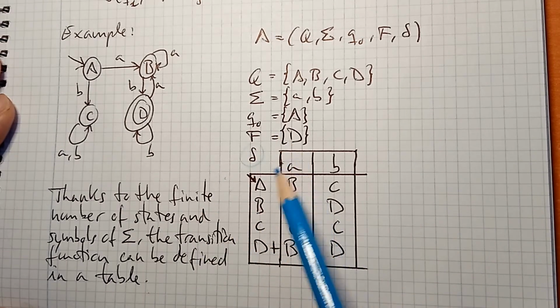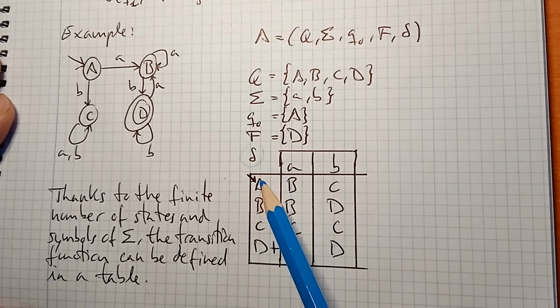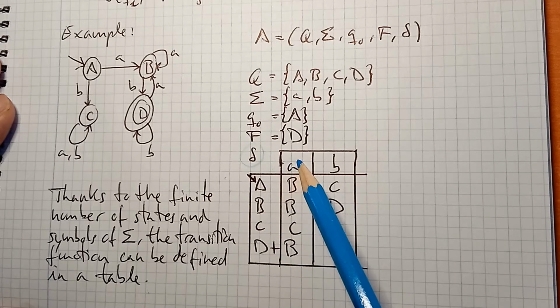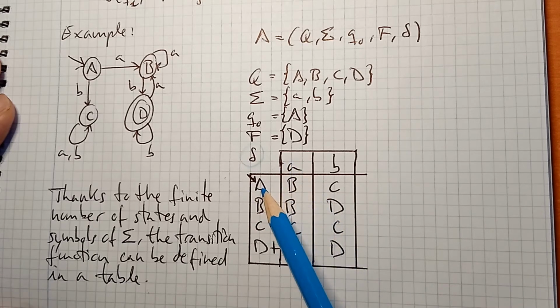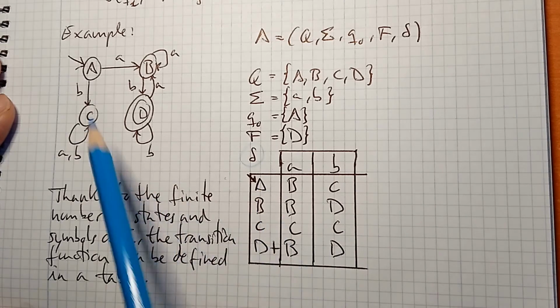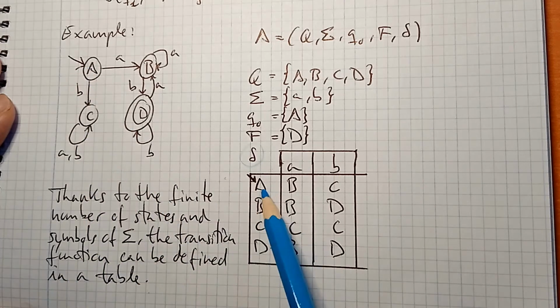So, the transition function tells us, given a state and an input symbol, where we have to go. So we are in A, the starting point.